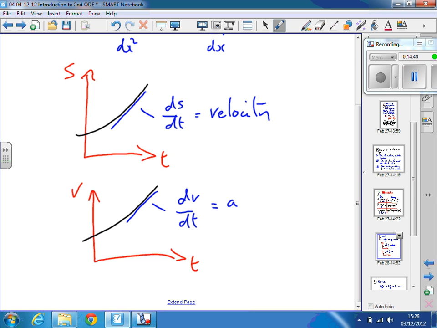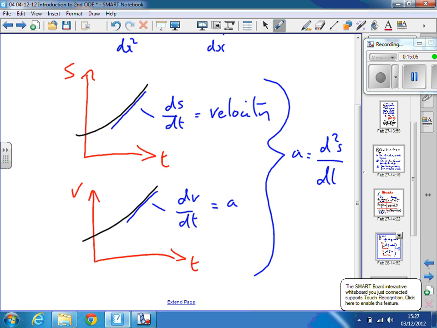So now we can see if we combine these two together, the acceleration equals the second differential of displacement with time. I differentiate twice. If I differentiate s with t once, I get velocity. Differentiate the velocity, in other words, find the second differential of s, I've got the acceleration. So that's where that comes from. Okay?